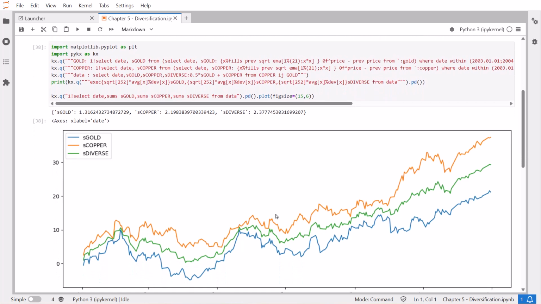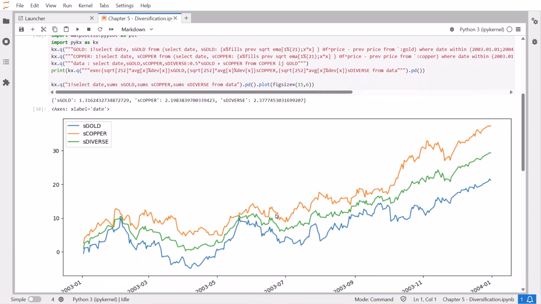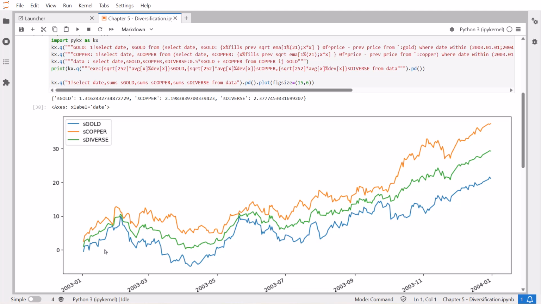So if we look here at the returns, we see the gold strategy performing down here at the bottom in the blue, the copper up at the top in orange, and in between is the diversified strategy, which averages the gold and the copper.